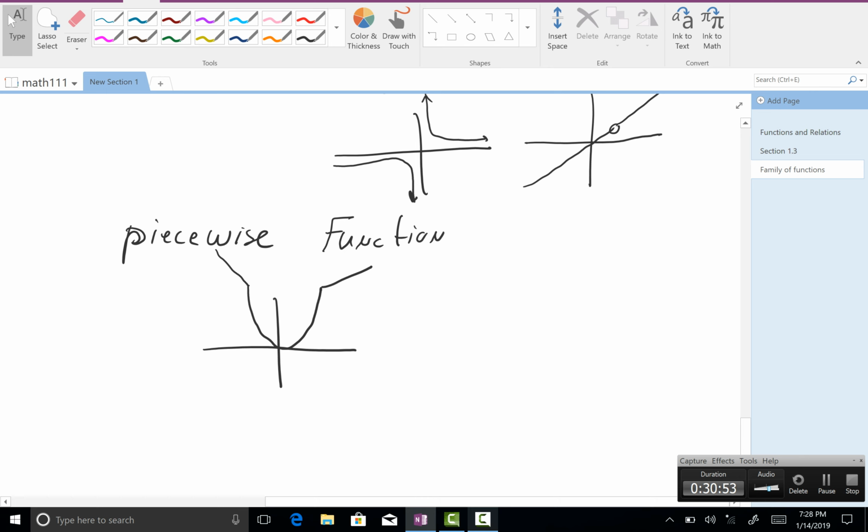So this is a piecewise function because it's defined in pieces. I'll show you what one looks like. It has a big old curly brace. And let's see, it'll say this.